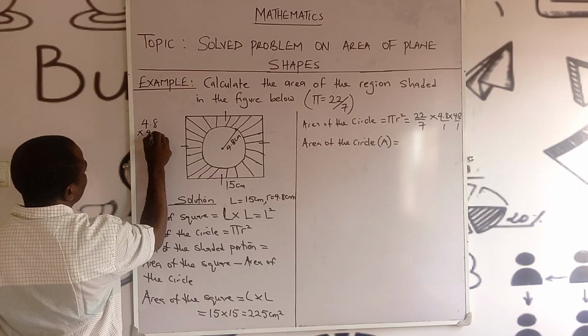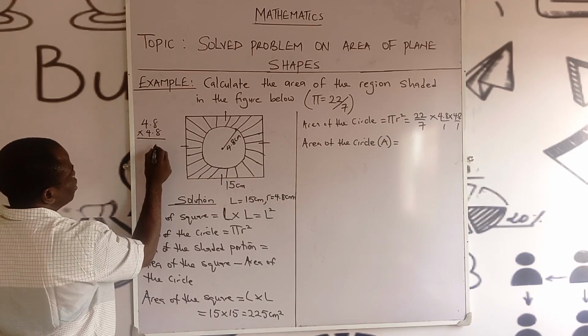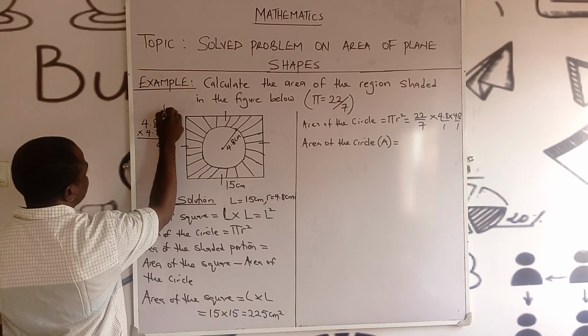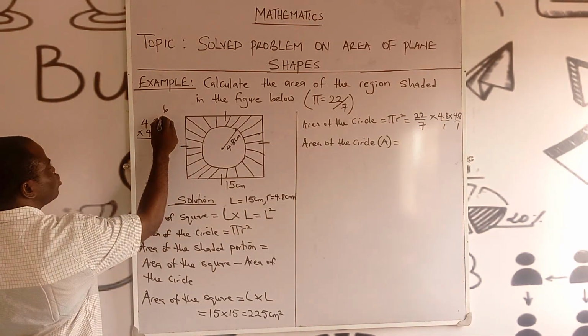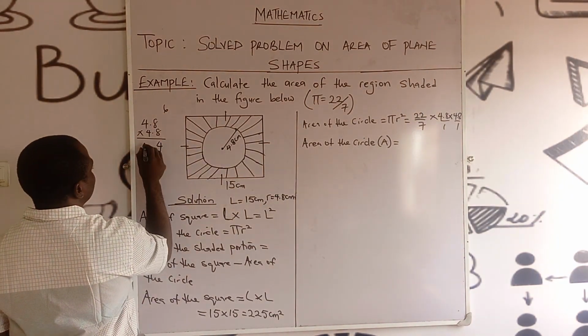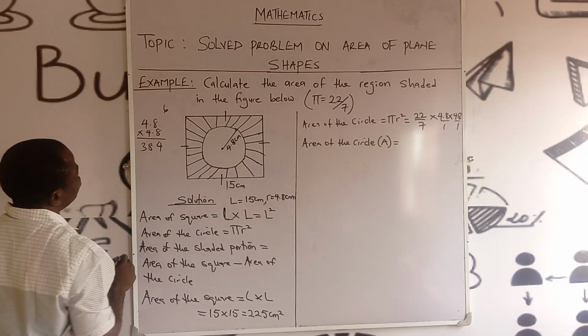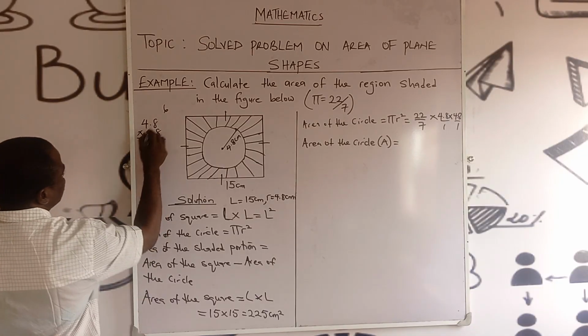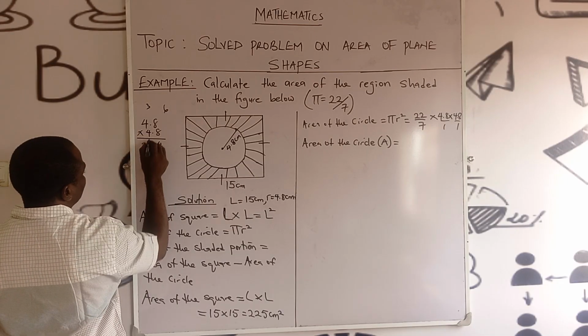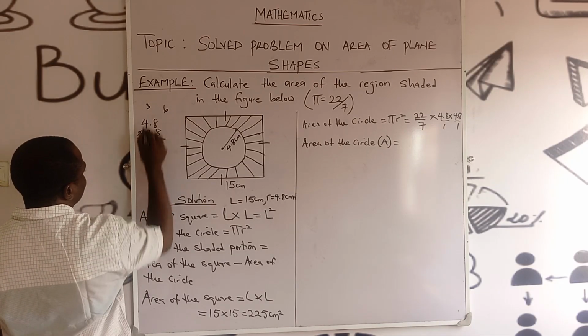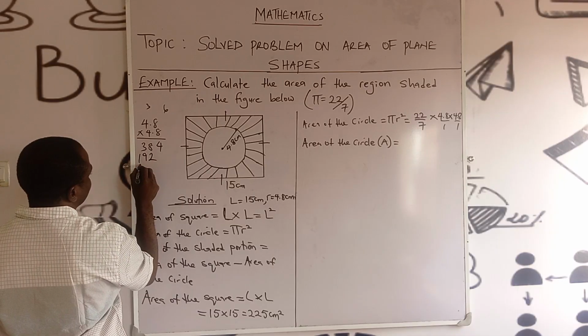4.8 times 4.8. 8 times 8, 64. Put 4 down, carry 6. 8 times 4, that's 32. 32 plus 6, that's 38. Now 4 times 8, that's 32. Put 2 down, carry 3. 4 times 4, 16. Plus 3, that's 19.